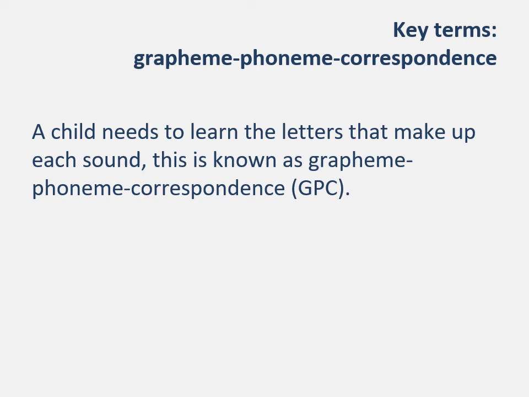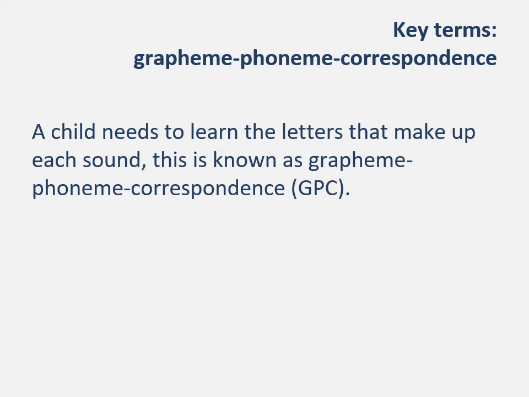Which brings us to our next key term, which is grapheme-phoneme correspondence, or GPC. And this is the whole point of this process, to learn what the letters do when we read them, what sounds we should make when we see those letters on the page. And that is what children are learning.